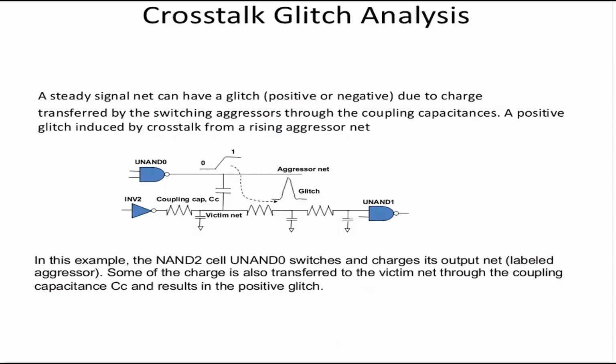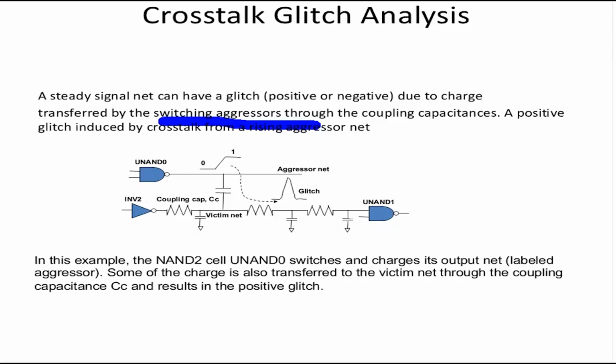A steady state signal net can have a glitch, positive or negative, due to charge transfer by the switching aggressor through the coupling capacitance. A positive glitch is induced by crosstalk from, see here, this NAND gate that is changing its value, so it's an aggressor net. There is a coupling capacitance CC with respect to the victim net.